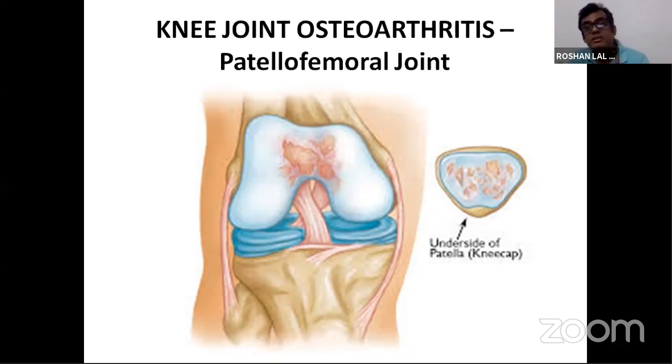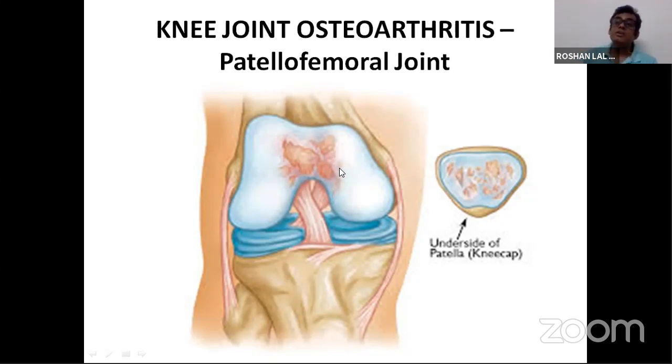Unfortunately, because of anteversion of the femur, or medial rotation or lateral rotation of the tibia, or increase or decrease of the Q angle because of shortening of the muscles, the patella, instead of the trochlear groove, moves either on the lateral epicondyle of the femur or the medial epicondyle of the femur.